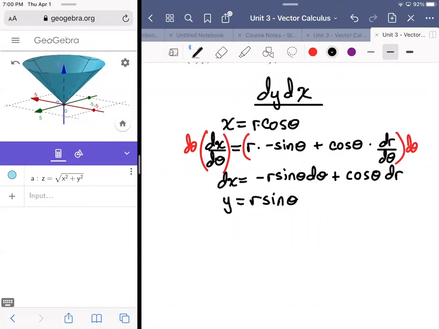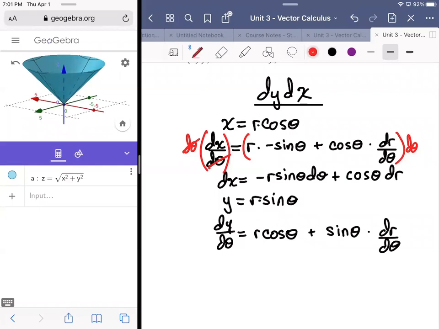All right, so just a quick double check: negative r sine theta d theta plus cosine theta dr, because I'm essentially just distributing this d theta to each term, so here and also here. Now I'm going to do the same thing with the y, dy d theta. First times the derivative of the second, so r cosine theta with respect to theta is just cosine theta, plus the second, sine theta, times the derivative of the first, dr d theta.